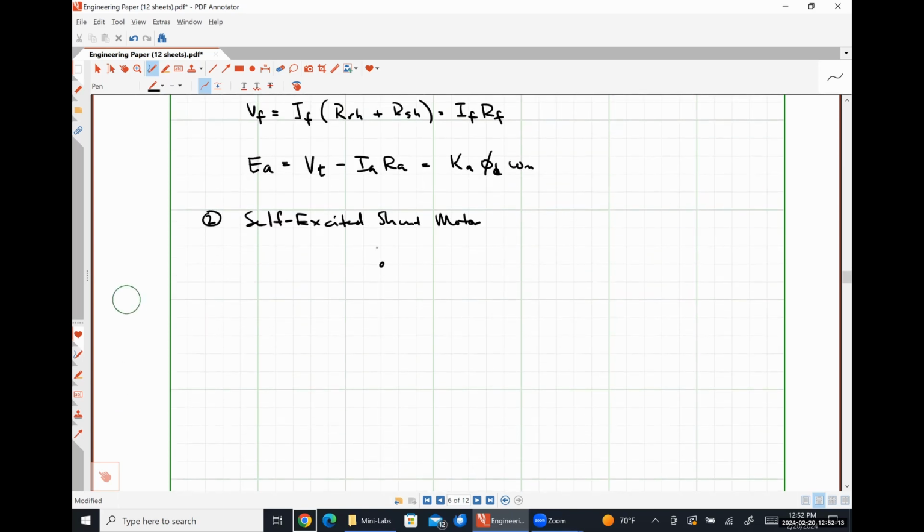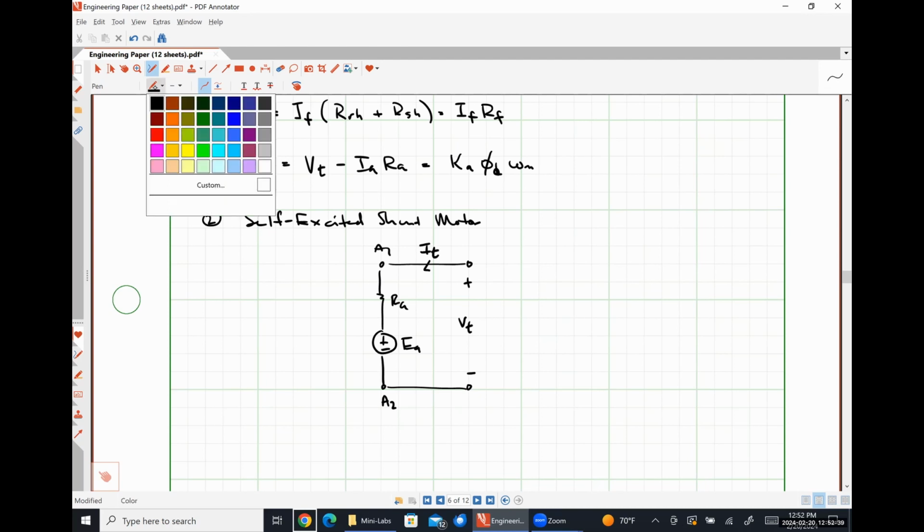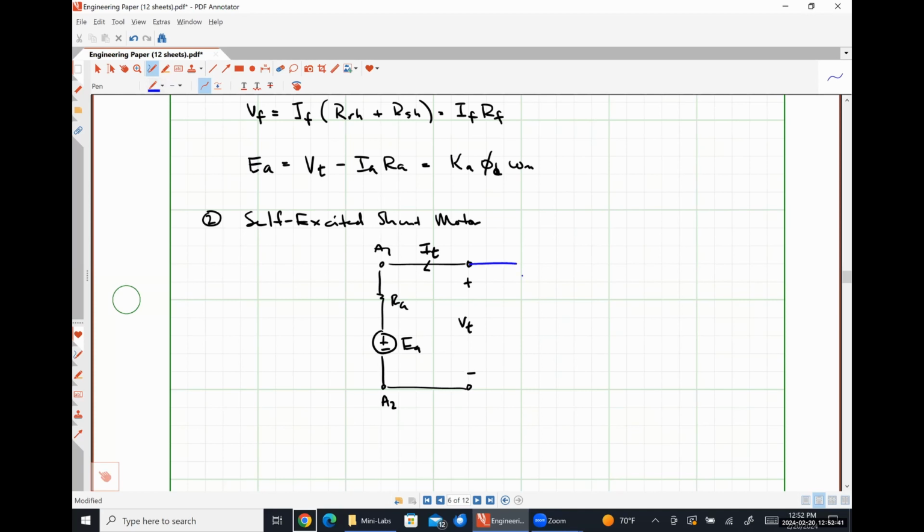Drawing my circuit. So again, putting my input voltage source over here.